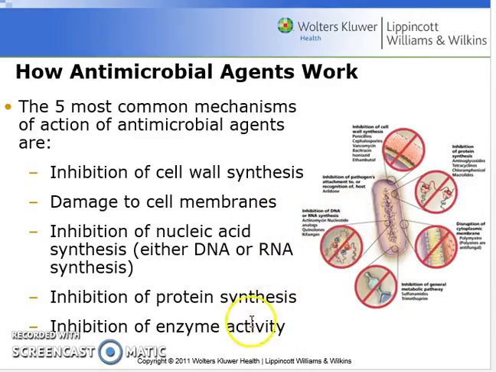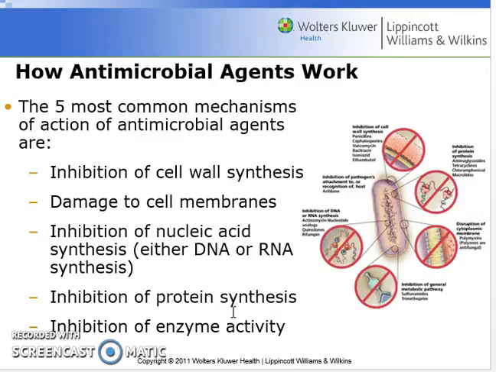The next group are protein synthesis inhibitors. These go after different proteins inside the bacterial cell, and the drug treatment starts to denature those proteins, or blocks the process of translation, which gives rise to a protein.